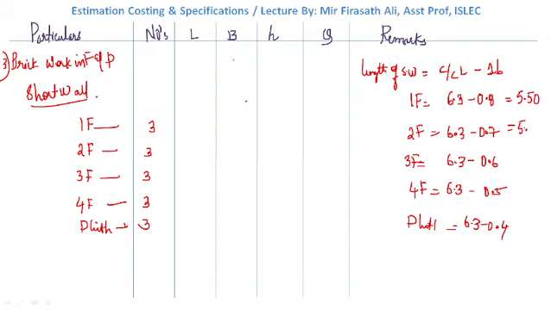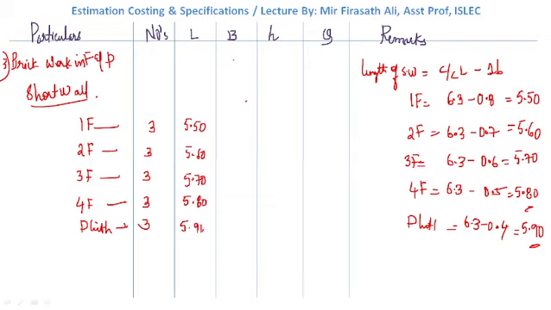It will be 5.60, 5.70, 5.80, 5.90. All these values we need to write in the length column: 5.50, 5.60, 5.70, 5.80, 5.90.